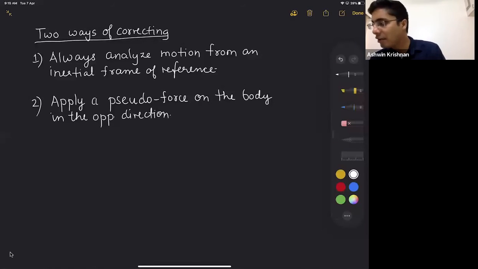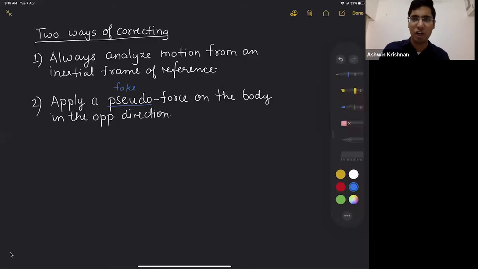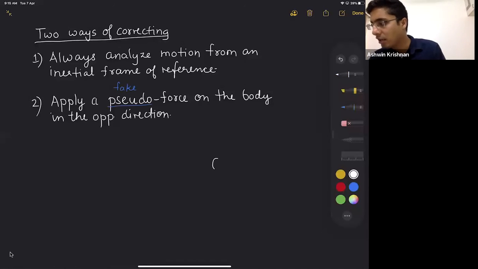Now, what is this? Pseudo basically means fake force. It's not a real force, but we are in a non-inertial frame of reference because Newton's laws of motion are not being followed. We are applying a pseudo force in the opposite direction so that the equations start being followed again.